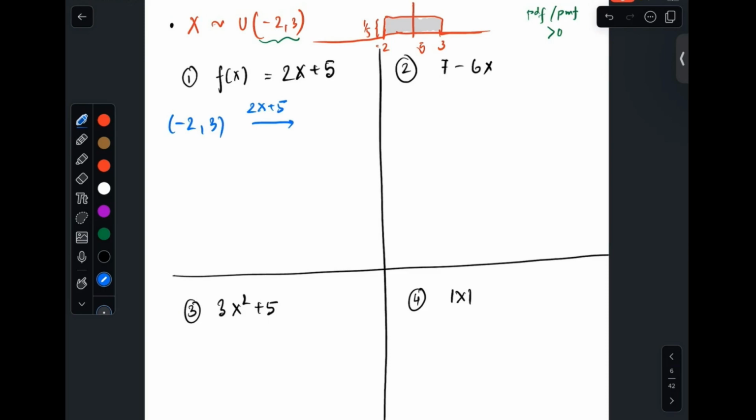So the start point goes to minus 4 plus 5, that is 1, and the end point 3 goes to 3 times 2 plus 5, that is 11. All of you understood this? You can give a thumbs up, because it's a bijective function. Okay, so it's (1, 11).